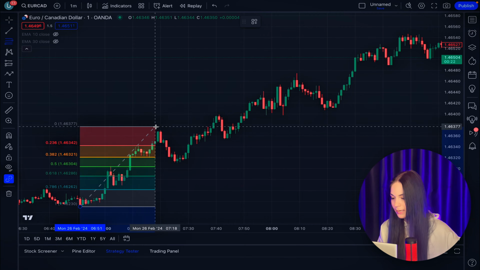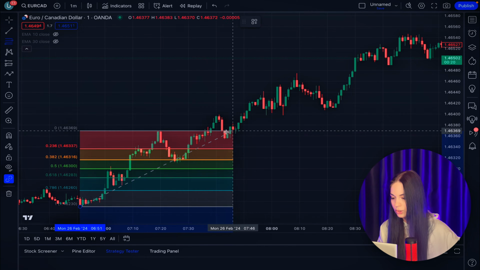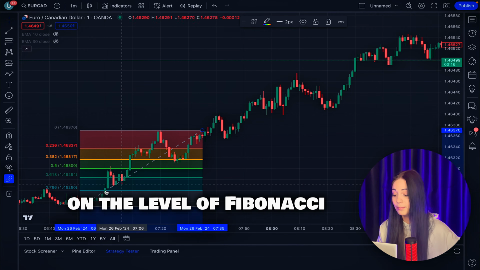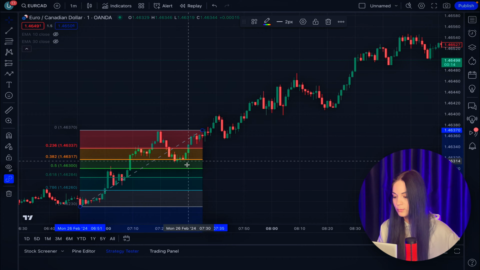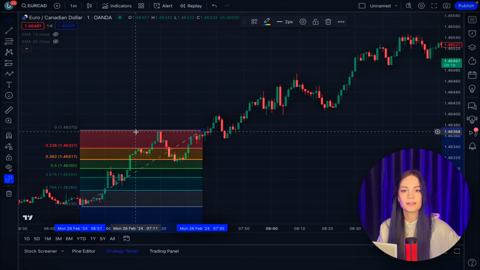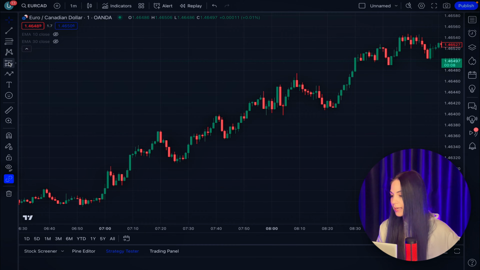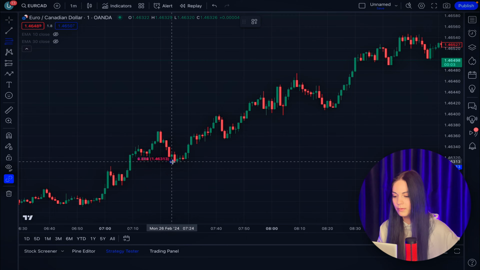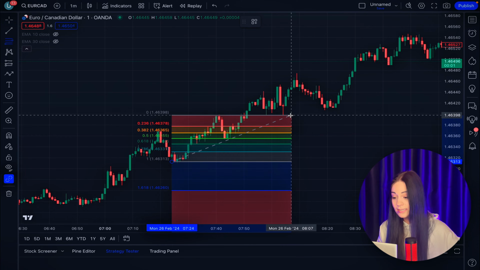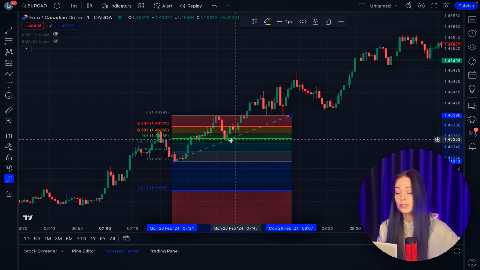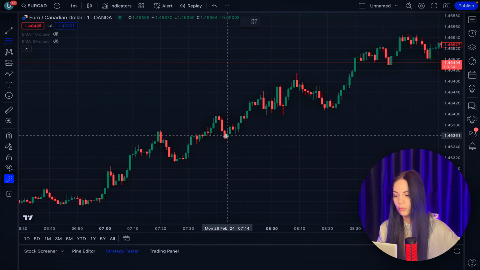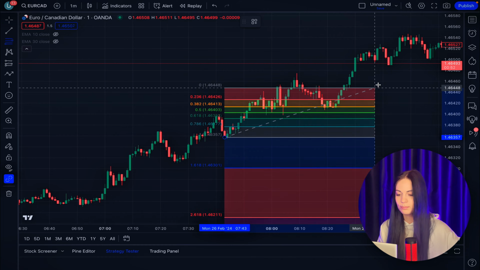So if we add Fibonacci levels on this chart, you will see that most of the pullbacks happen on the level of Fibonacci. Right here you see the first movement, and right here the price jumped up. So the Fibonacci level worked correctly. Now, if we look at the next example with the next point, we see that the price again worked with the Fibonacci level, and we can do that with almost every single one, endlessly.